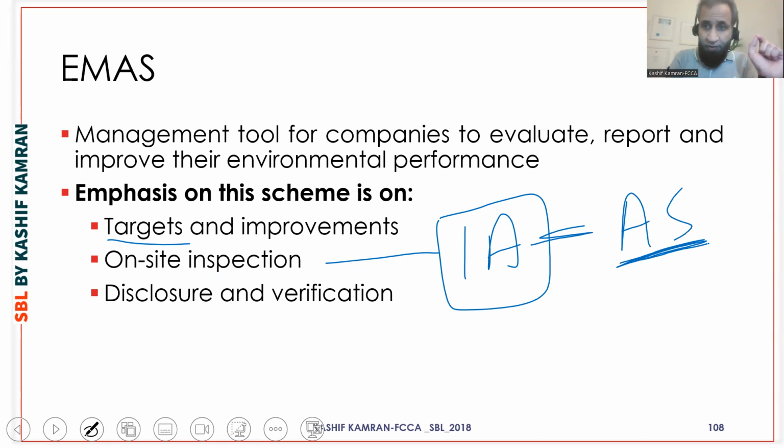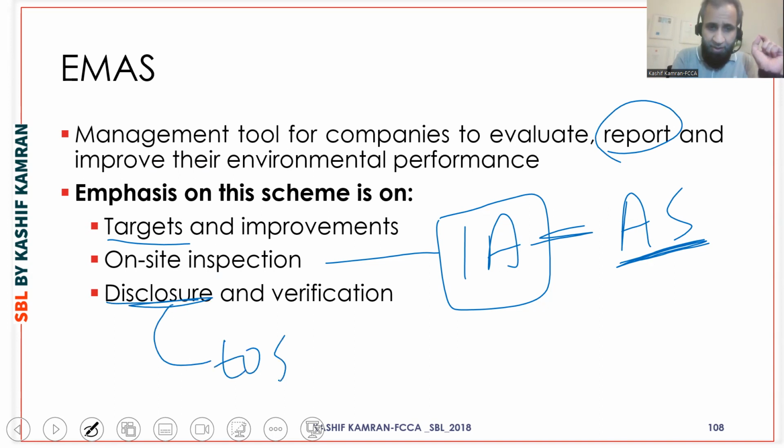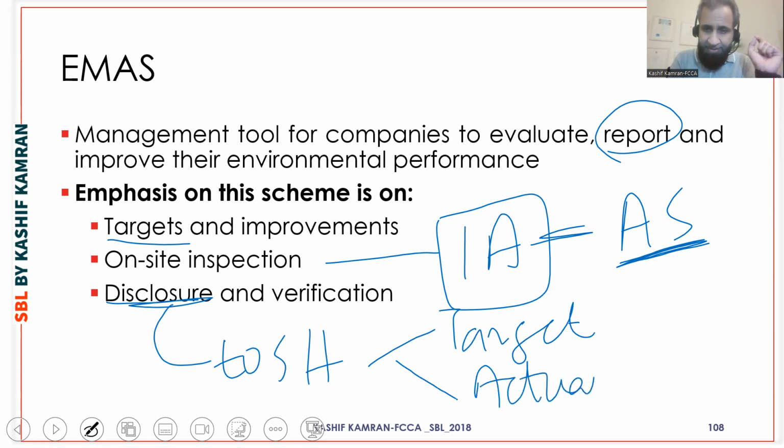Disclosures and verification. Report. Disclosures to the shareholders against the targets you have set for the environment and your actual performance. But these targets and actual performance should be verified. The verification is now coming from the external auditor.